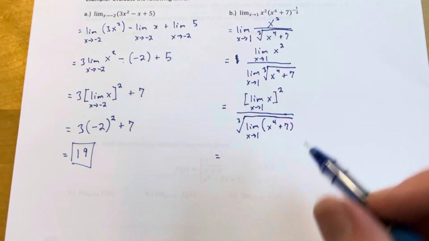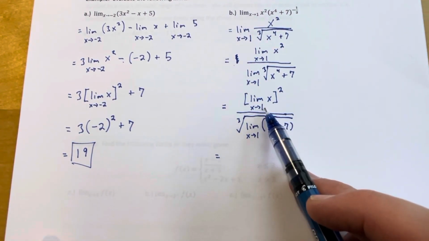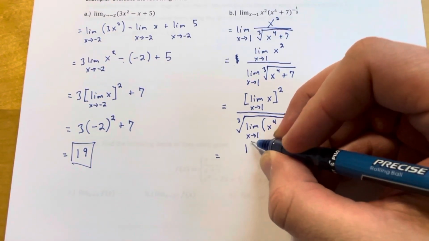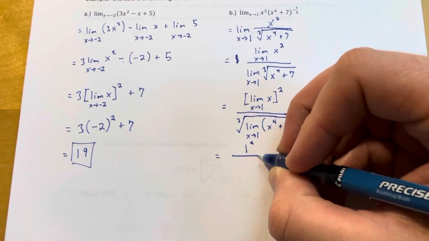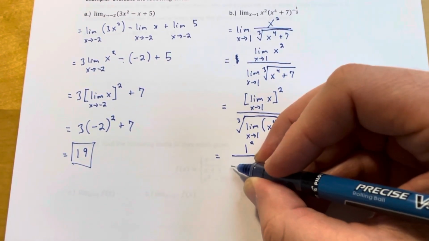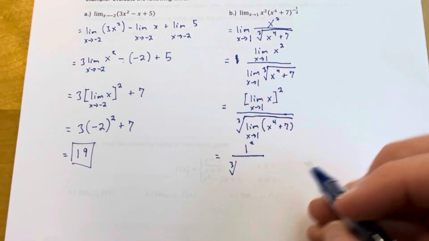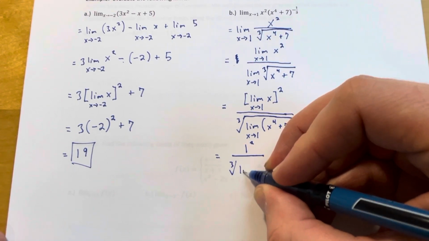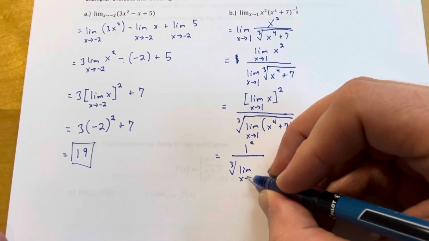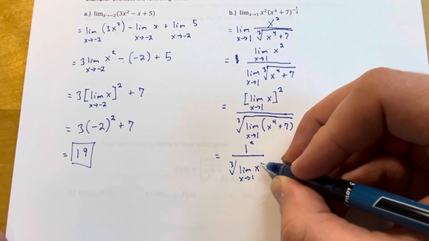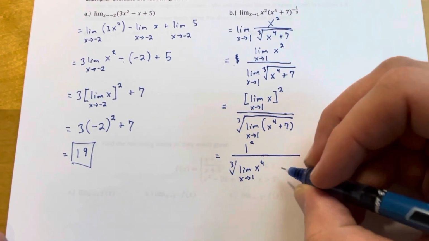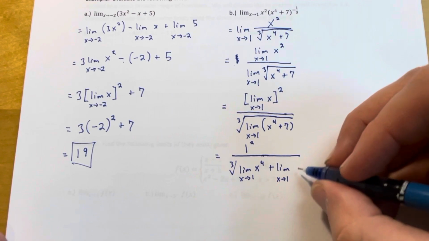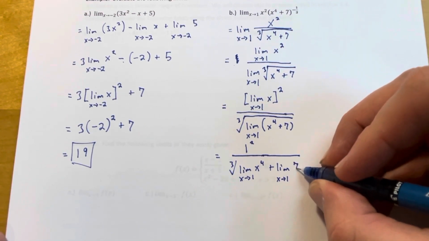Let's evaluate this one. So the limit as x approaches 1 of x, we now know from property 2 is just 1, so that becomes 1 squared over, I can distribute this limit into the sum of terms that's appearing right here. So that becomes the limit as x approaches 1 of x to the 4th plus the limit as x approaches 1 of just 7.